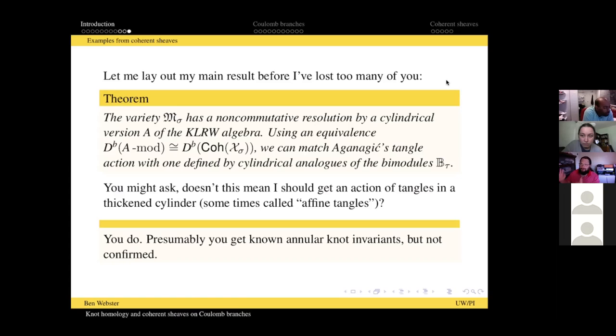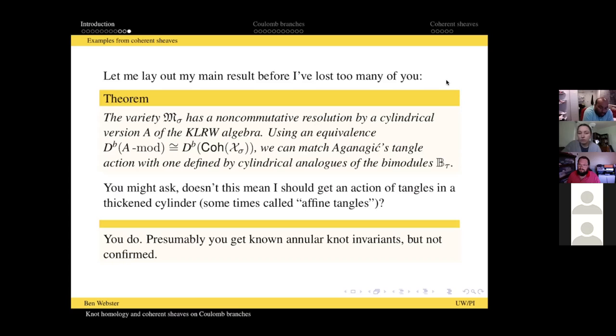But it's also true that if you choose a crepant resolution, then you get an equivalence of derived categories of coherent sheaves.